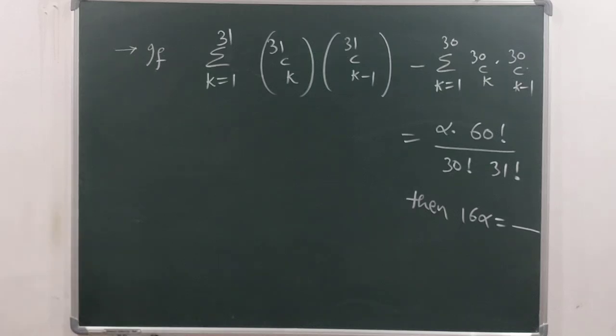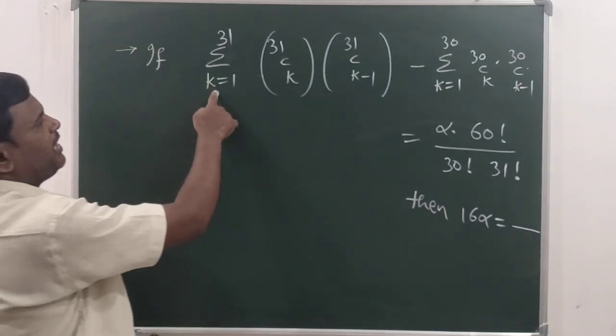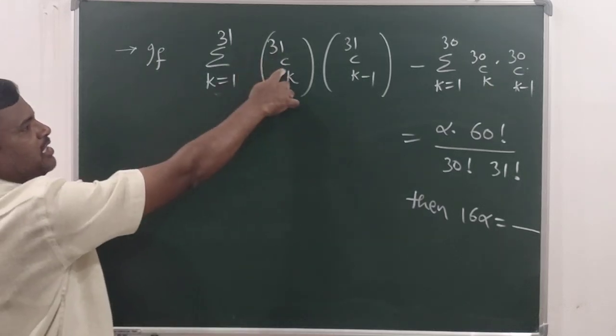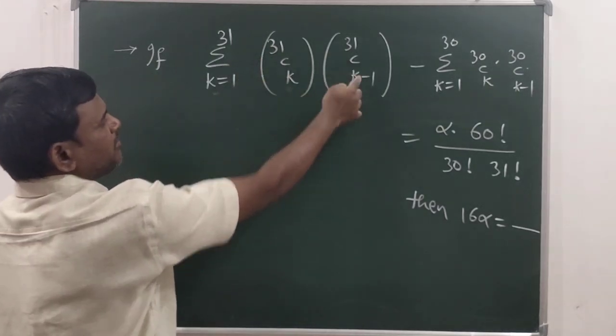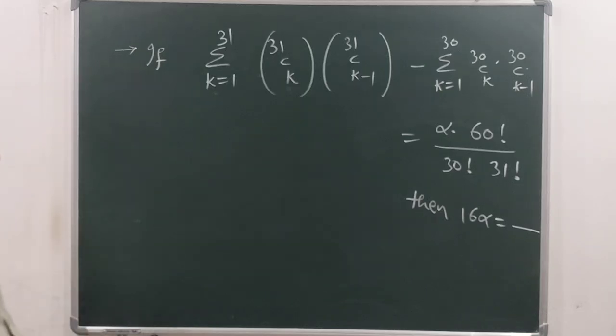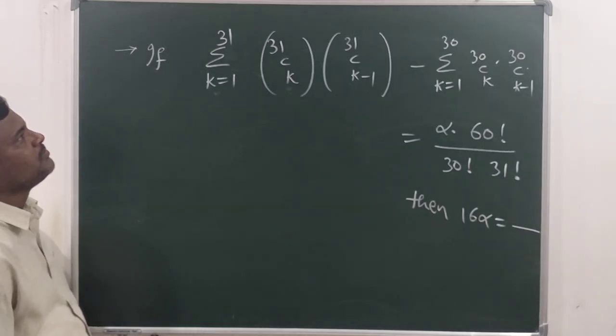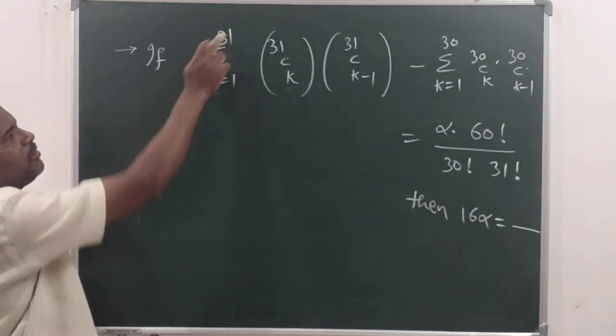Okay, students, shall we answer? If I write here k equals 1, what do we get? 31C1, here 31C0. Now which formula are you going to apply for this? Your summation is running from 1 to 31.